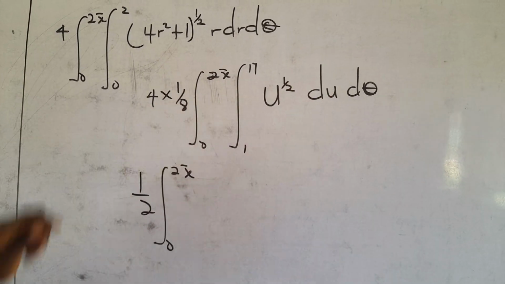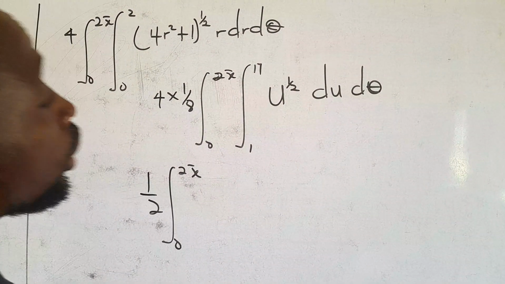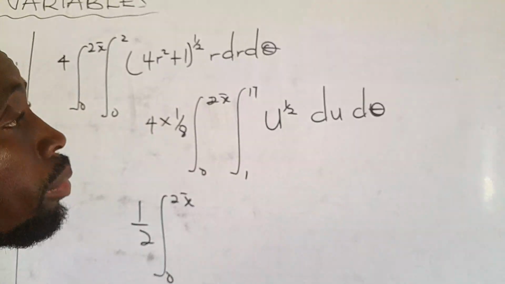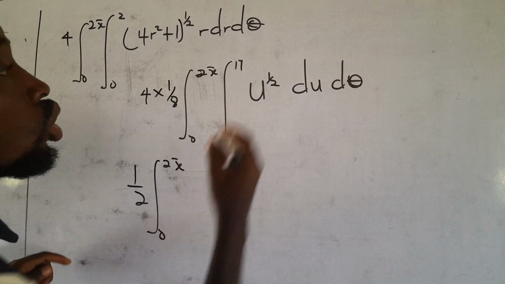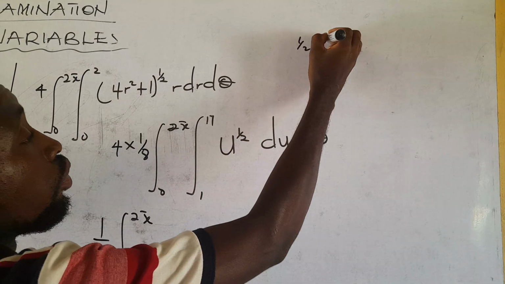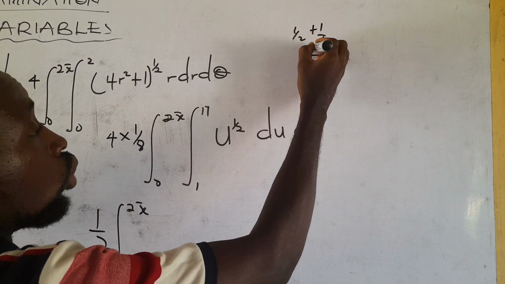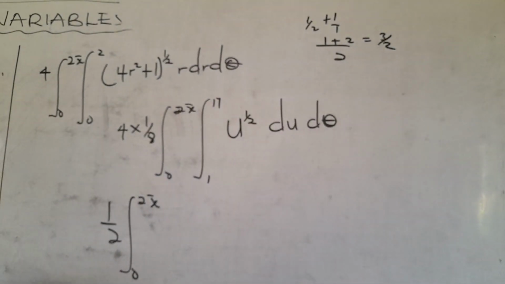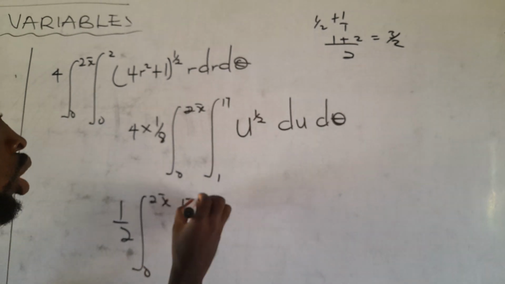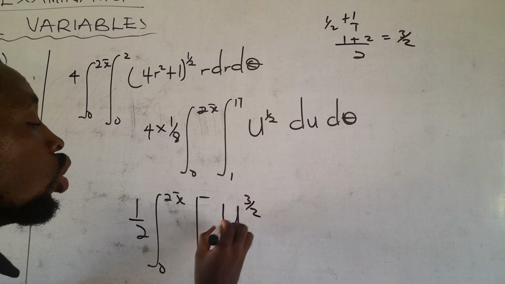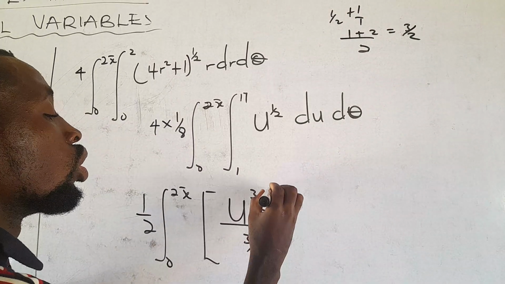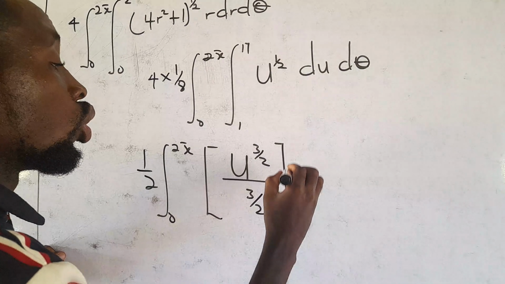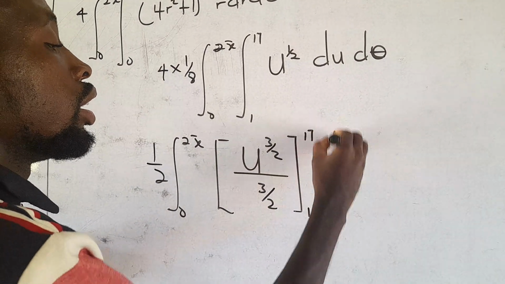Now we integrate this with respect to u. Remember, the simple integration rule says that we just add 1 to the exponent and divide the function by that result. So when we add 1 to half, we have 1 plus 2 over 2, that will be 3 over 2. So we have u exponent 3 over 2 all over 3 over 2, substituting from 1 to 17, then d theta.